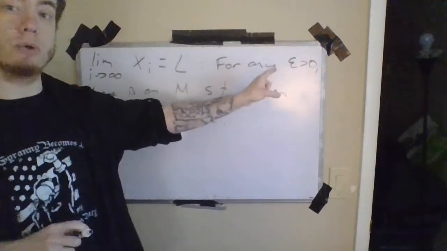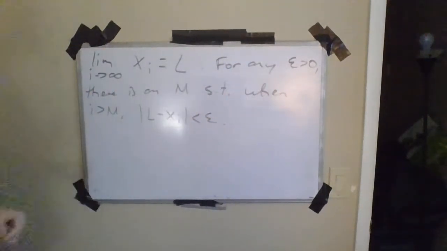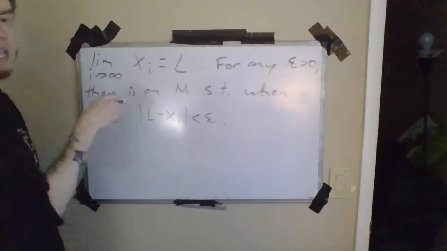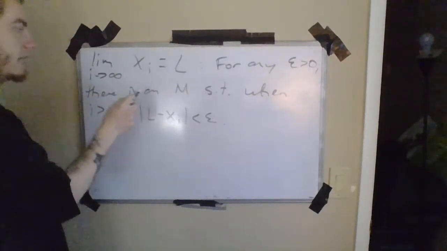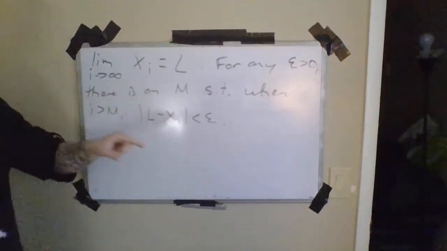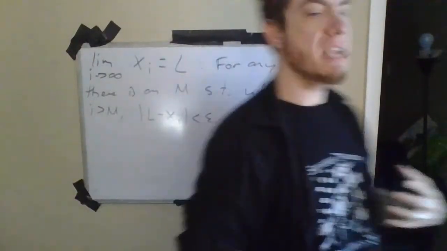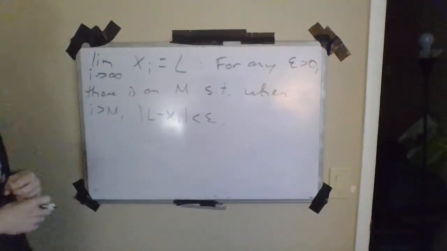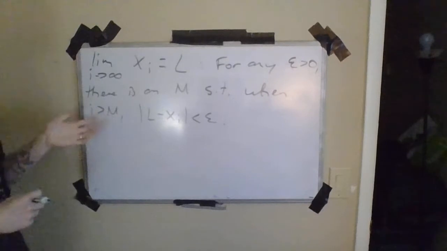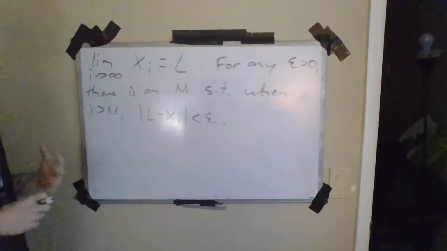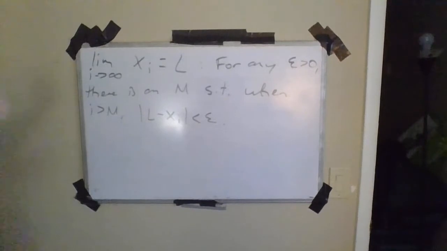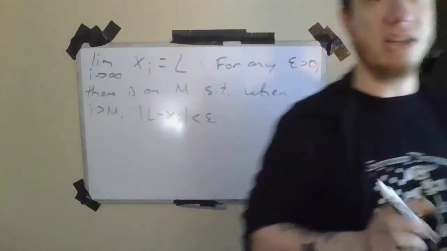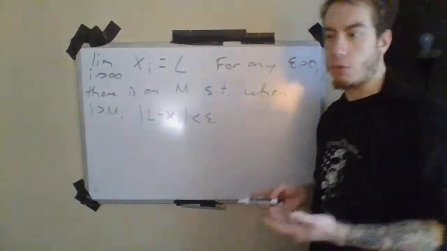Epsilon is how close you want to be. We can guarantee we are within epsilon of the limit by just guaranteeing that our index i is sufficiently large. And that's where the M comes into play. M is what it means for the index to be sufficiently large. So maybe in order to get within 1/10 of the limit, I need to guarantee that my index is bigger than 50. But that means as long as we're bigger than 50 on our index, then the elements of our sequence will be within 1/10 of our target limit, and so on.